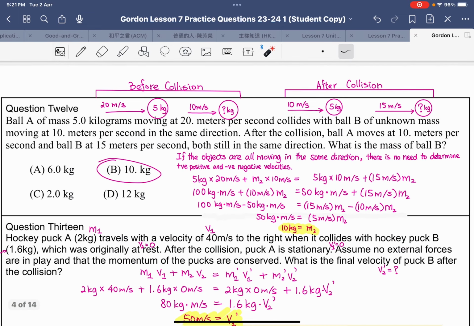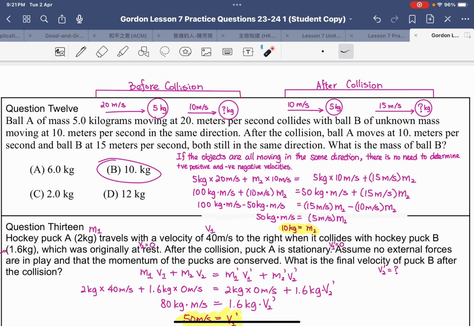Okay, next question. Now I'm drawing out the diagram because we have two objects, and so this is what it looks like before collision. You don't know what the mass of the second ball is. This is what you're trying to find. And after the collision, this is the traveling, okay? In this case, you can see that all the objects are traveling in the same direction.